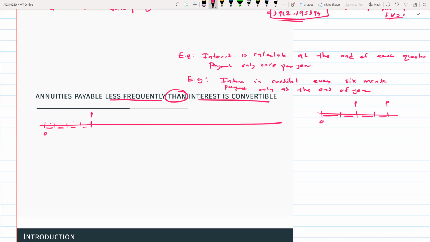So this is 0.5, 1, 1.5, 2. So interest is calculated every 6 months, but the payments are only at the end of the year. So payment is less frequent than the interest is convertible. So we are going to discuss this kind of problem.